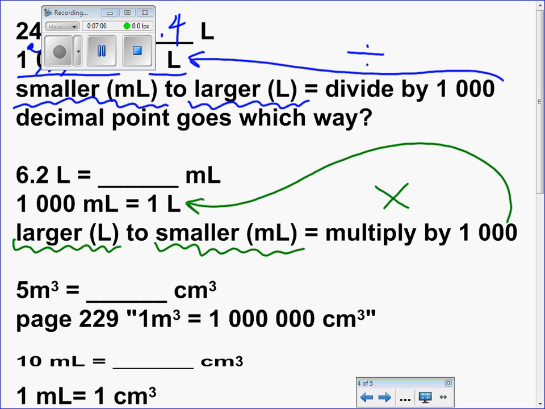And which way do I move the decimal point when I multiply? I move it toward Matthew. So how many milliliters? I'm going to move 1, 2, 3 zeros. I need to fill in a 0, and how many milliliters do I have? 6,200.